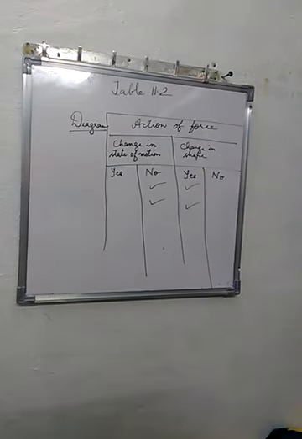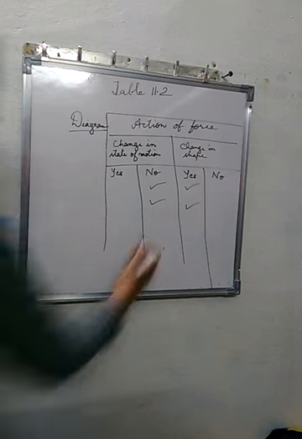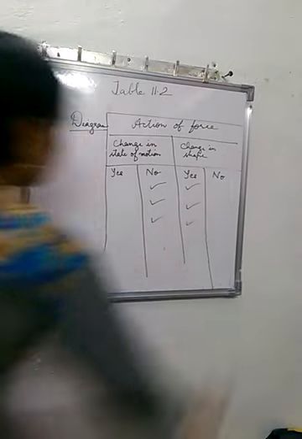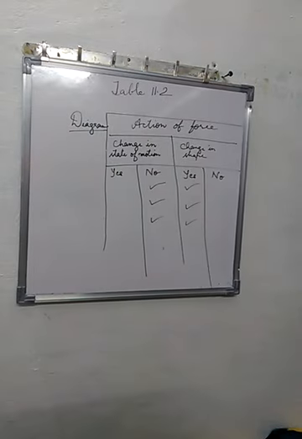Then again the description of the situation, a rubber band suspended from a hook or a nail fixed on the wall. How to apply force? By hanging a weight or by pulling its free end. So change in its motion, no, the rubber band doesn't start moving, but yes, the shape of the rubber band changes.